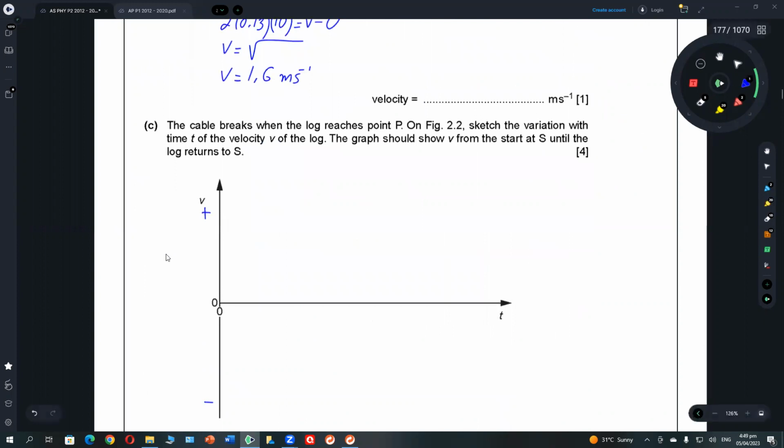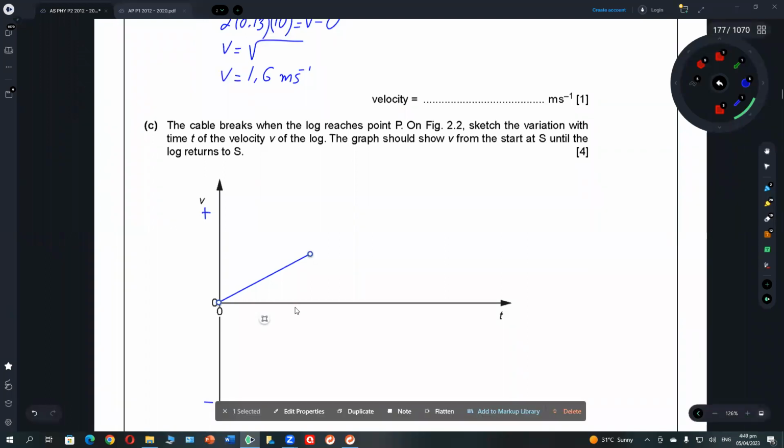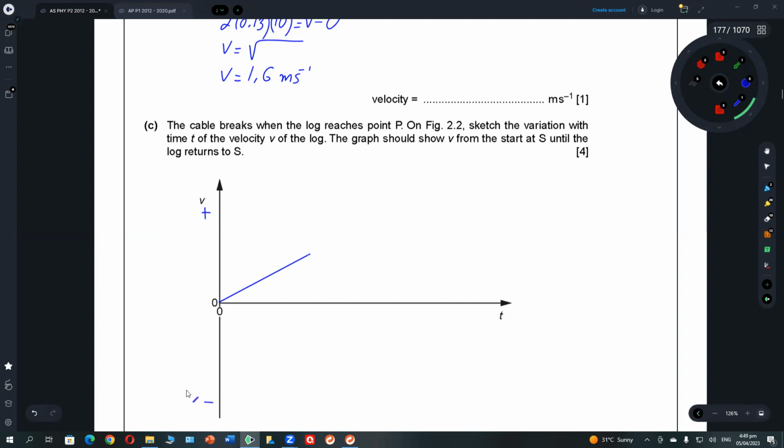So should I start from zero? Yes. Okay, I start from zero. I take a low slope because 0.13 is a small number. What should be the velocity on the point where I have stopped?